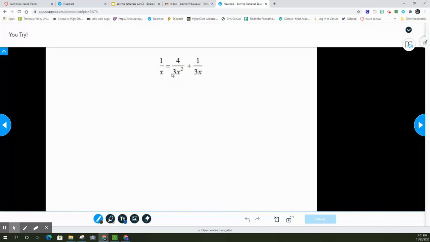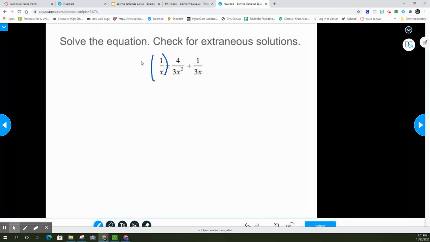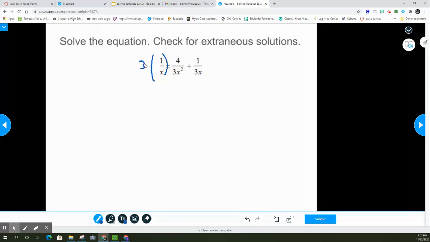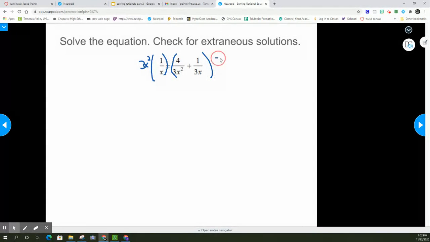Next problem. Again, what's the least common denominator going to be? The least common denominator is going to be 3x squared. So I'm going to multiply both sides by 3x squared, the left side and the right side.